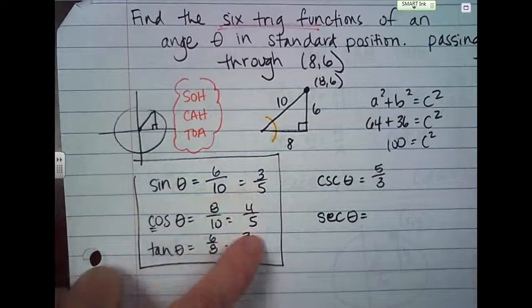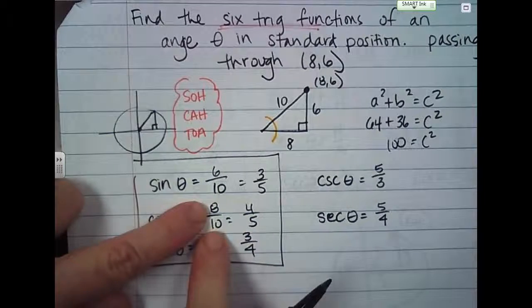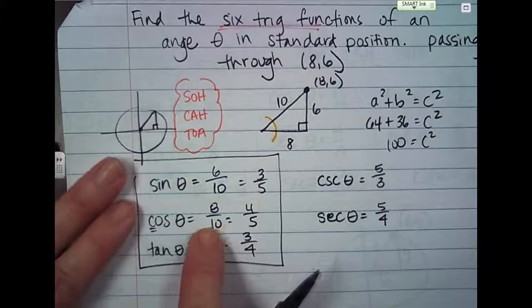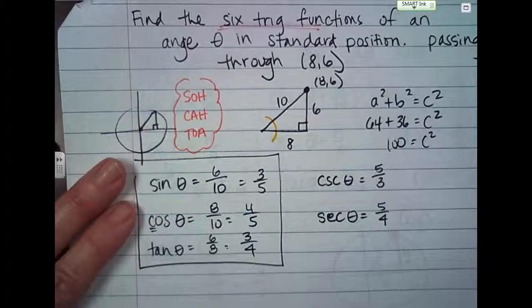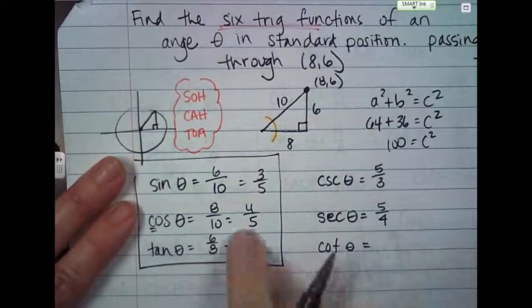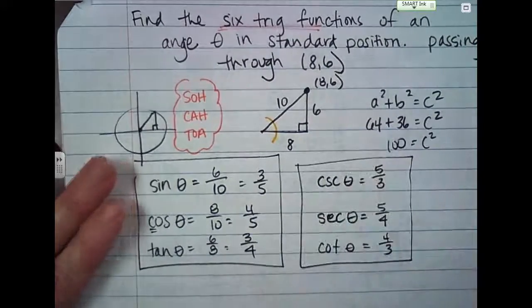Okay, and I had 4/5 as my answer, so we're going to write 5/4. You could flip 10/8, but then you're going to have to reduce it anyways. So you can flip either one just to get the same answer. The reciprocal of tangent is cotangent, so instead of 3/4, it's 4/3. There's your 6 trig functions.